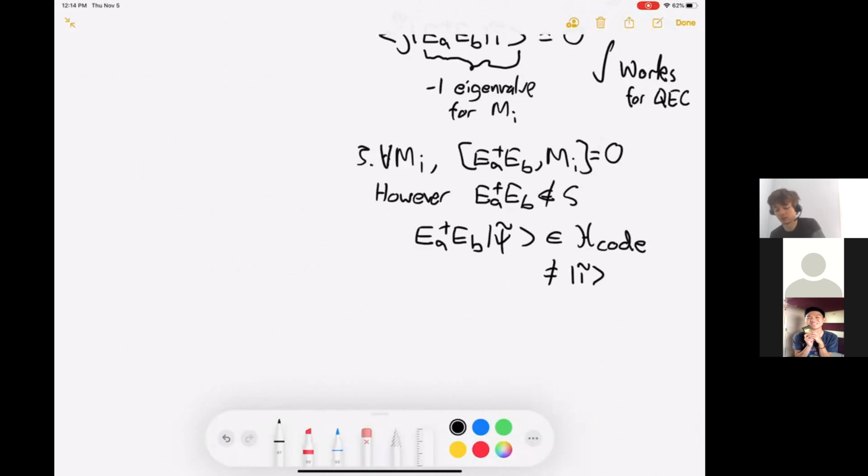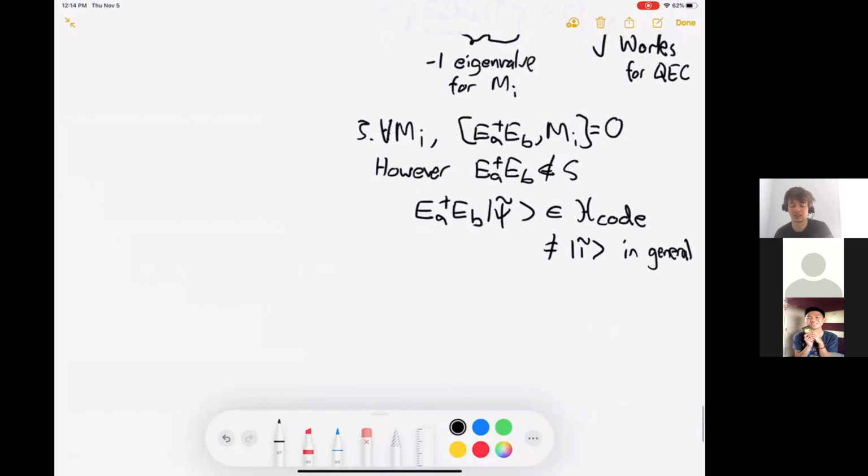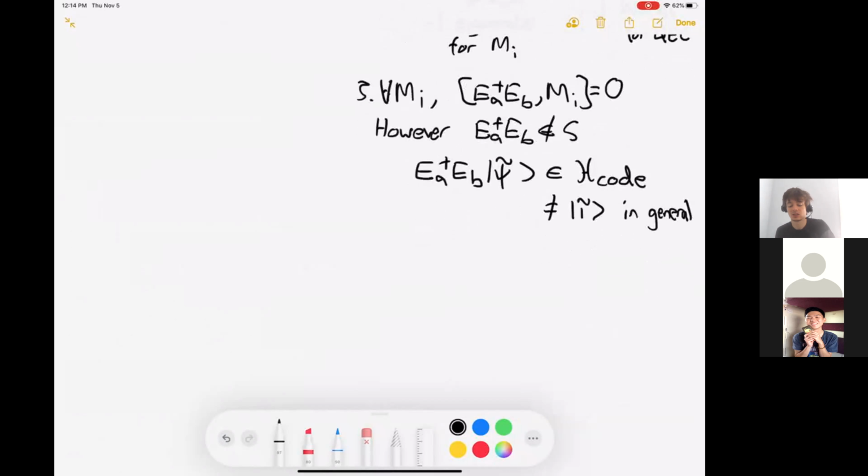Okay, because if it was, then yeah, it would be contained within the stabilizer group S. So this sort of acts non-trivially on the code subspace.